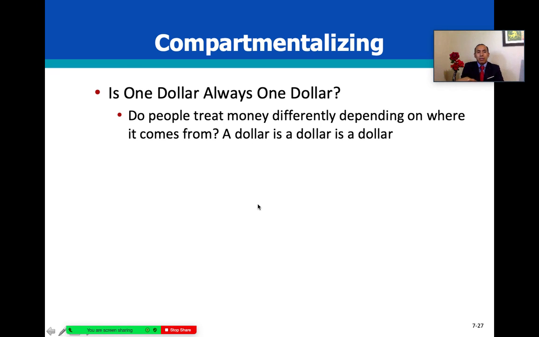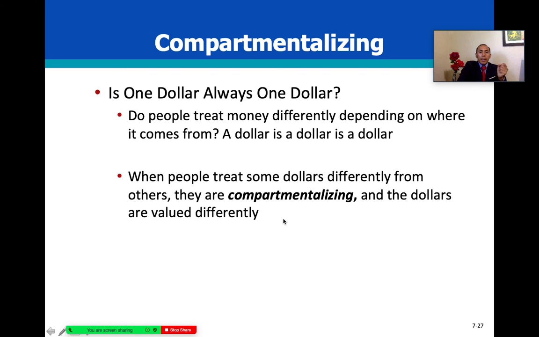People that are in need of $1 may really value it and actually use it for something important. It really depends. So compartmentalizing is an important aspect as to when people value dollars differently in different locations or situations.